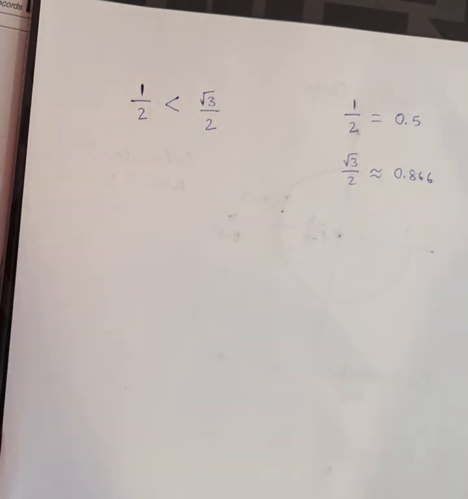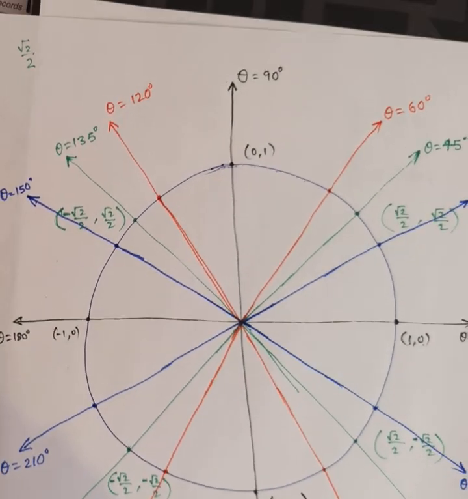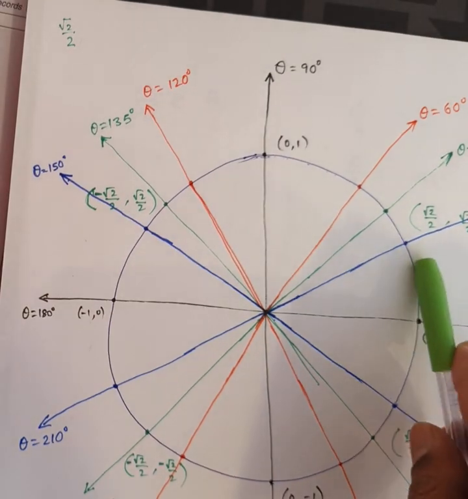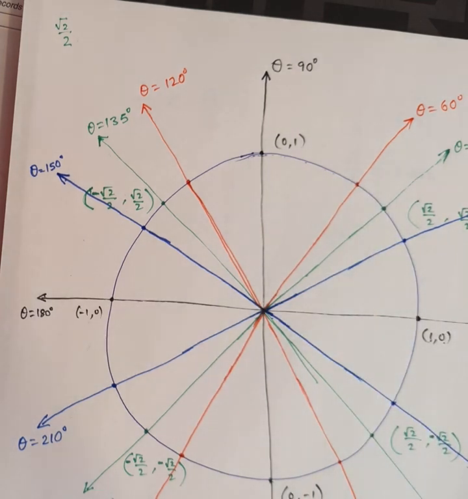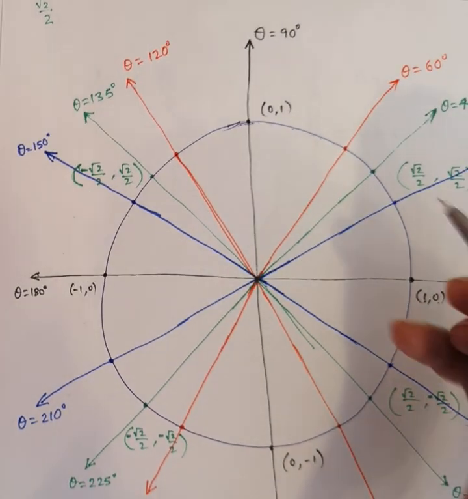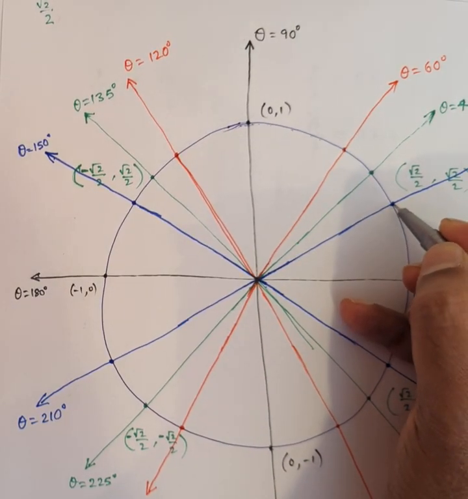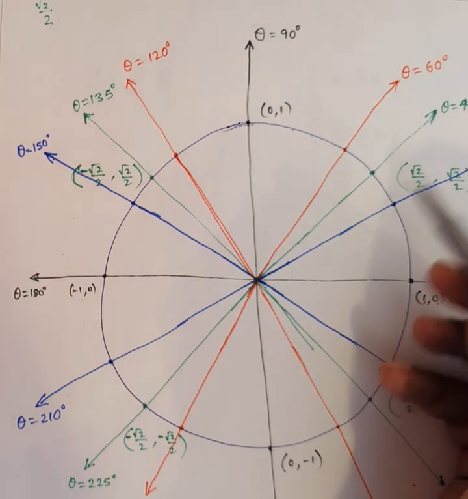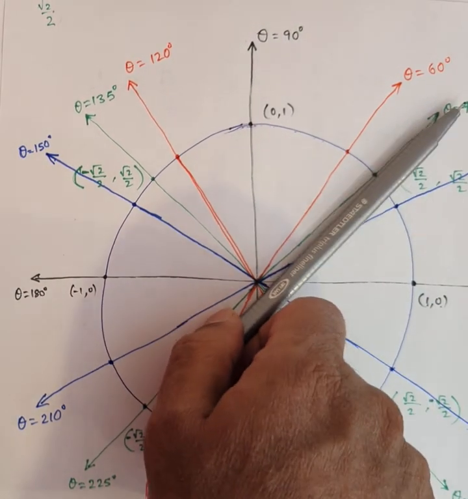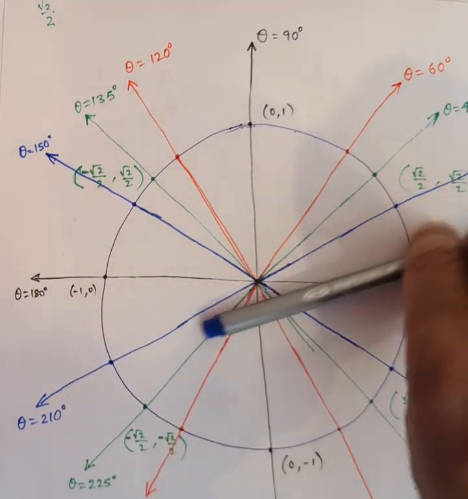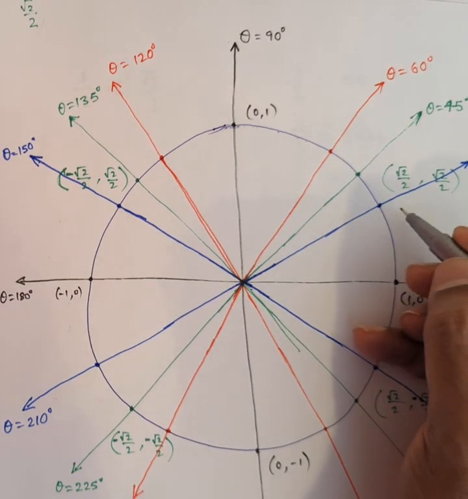And the coordinates on the blue and the red lines are going to be just those numbers. But if the point is closer to the x-axis, so here the green arrow has moved closer to the x-axis, which means the x-coordinate will be more.